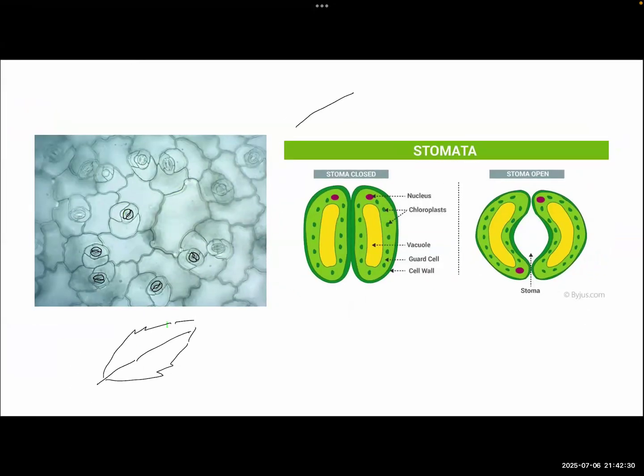So in the green leaves, the gaseous exchange will take place through the stomata. Basically, the plants will take in oxygen via the stomata in the leaves.